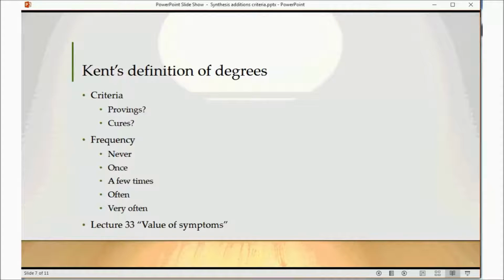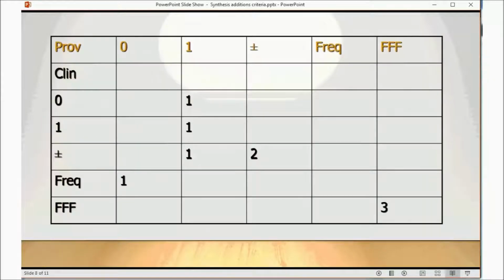Now, if we translate the definitions of Kent's degrees into this table, we see here that Kent was saying if the symptom appeared once in a proving, and it has not yet been confirmed, or confirmed once or confirmed a few times, it can be entered in the repertory.